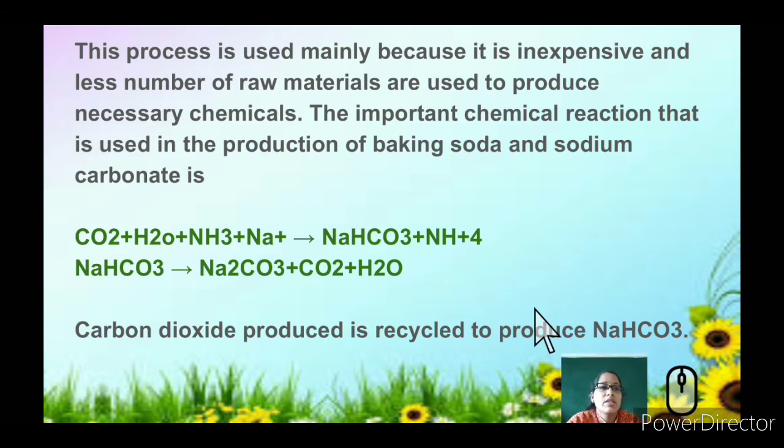It is an inexpensive process, as fewer raw materials are used to produce sodium bicarbonate, and it is used in the production of baking soda and sodium carbonate.